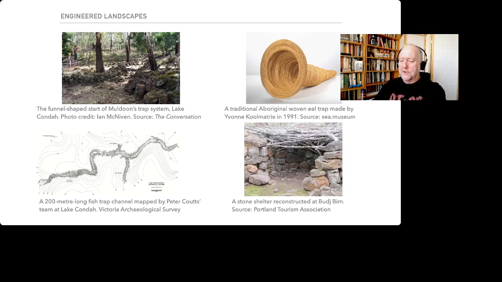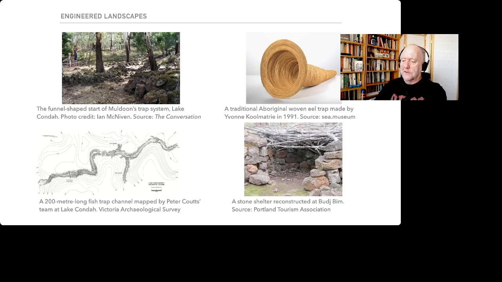In the 1970s, Dr. Peter Coates of the Victorian Archaeological Survey conducted surveys at Lake Condah, and Coates and his team found what local Gunditj Mara people had long known about: extensive Aboriginal fish trapping systems comprising hundreds of metres of excavated canals and dozens of basalt rock dam walls constructed over innumerable generations before European contact.